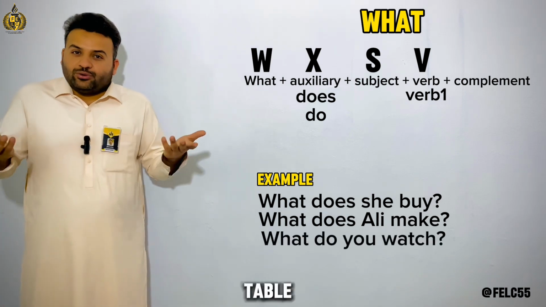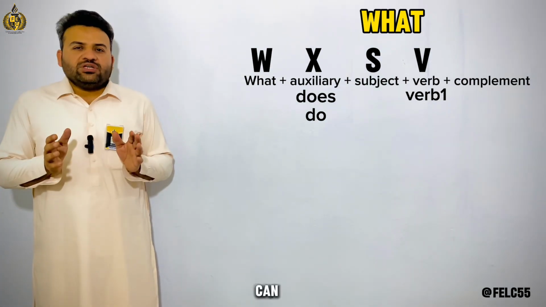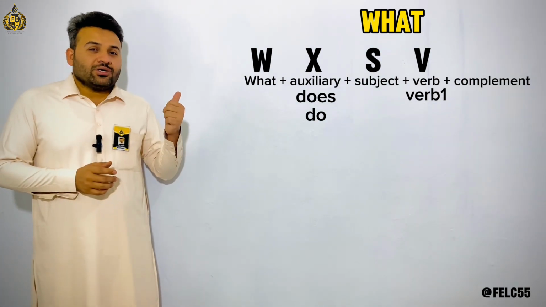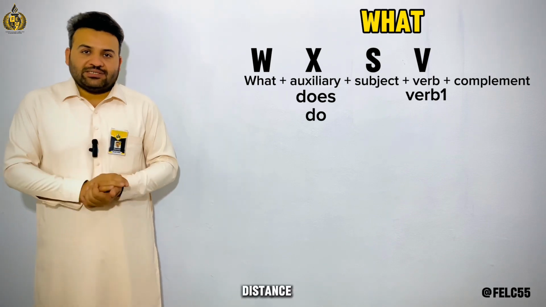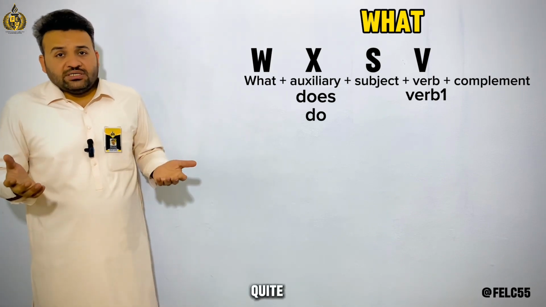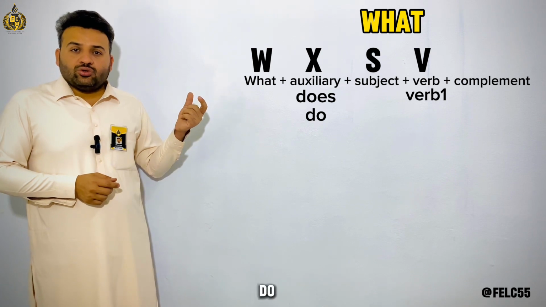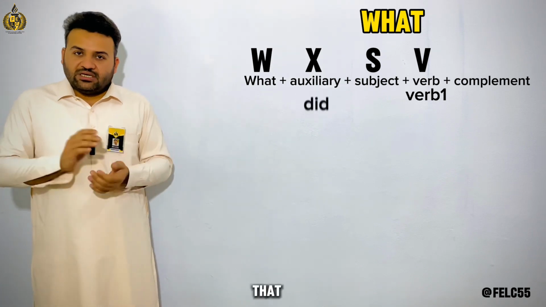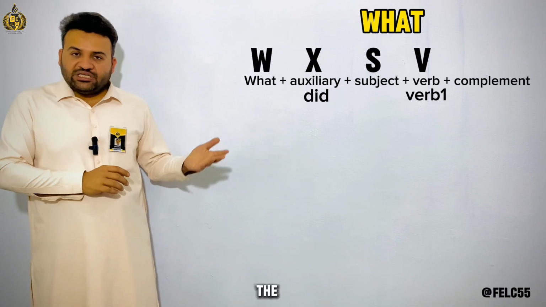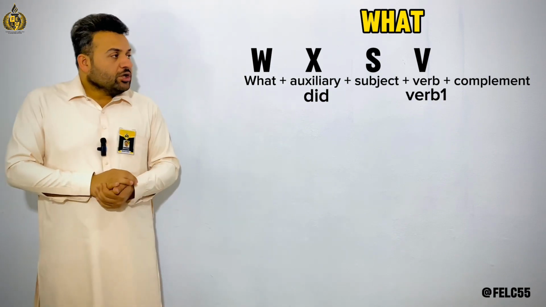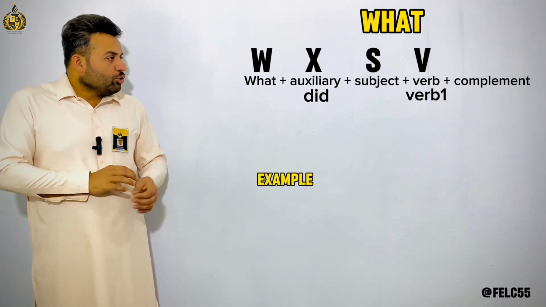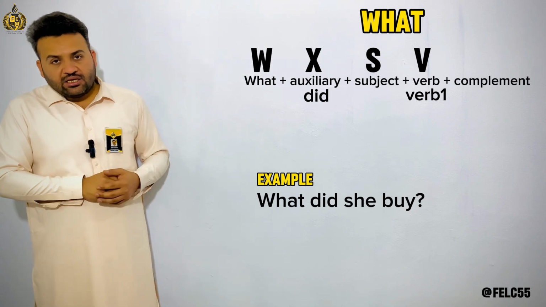How can we change this structure into simple past tense? It is quite easy. Change the auxiliary does, do with the auxiliary did and use the base form of the verb. So my first example is, what did she buy?